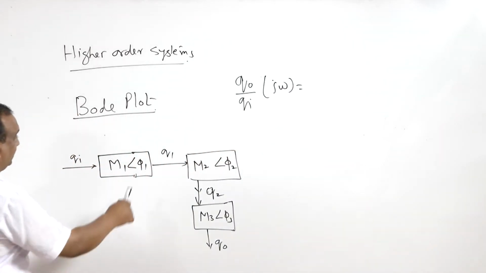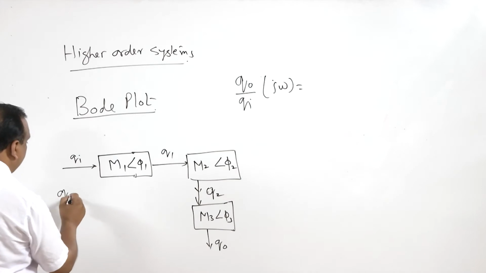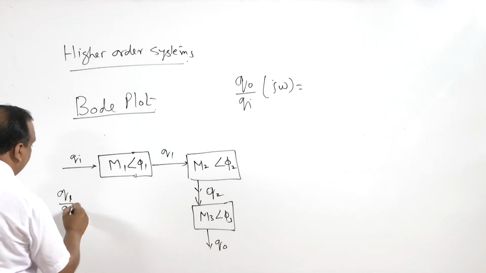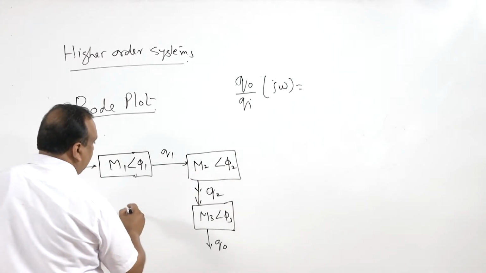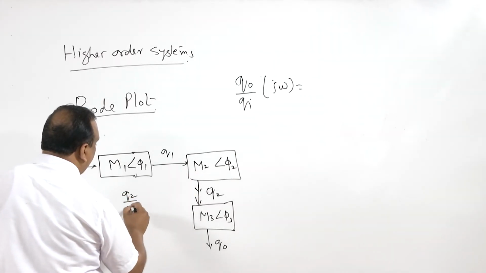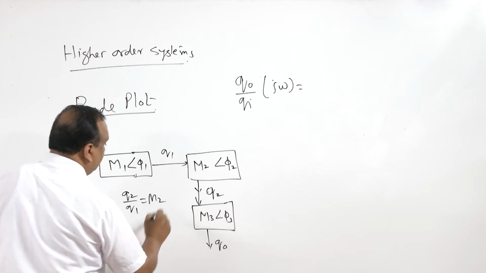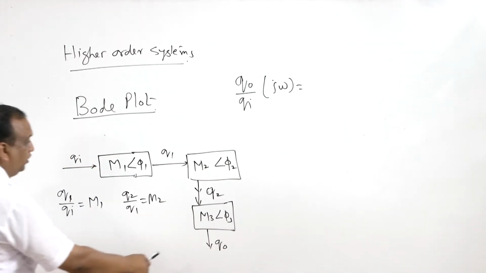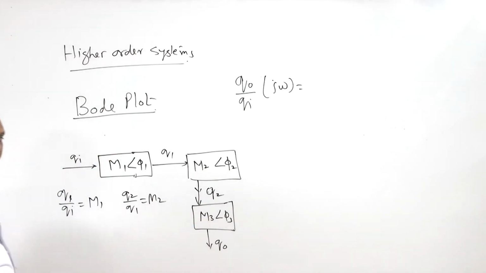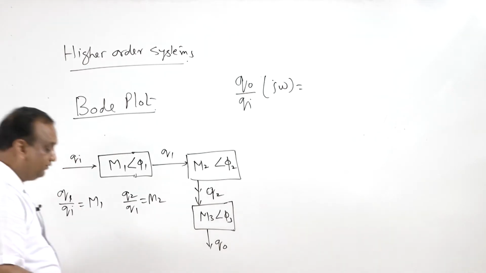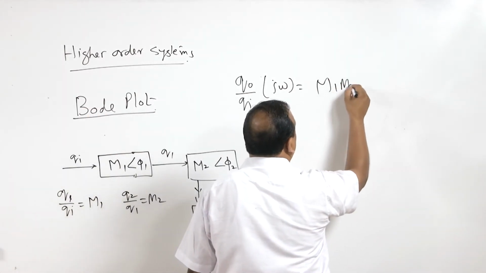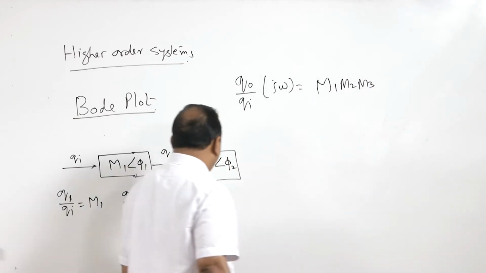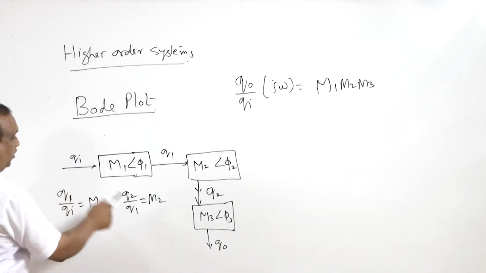So if you look at the amplitude, Q1 by Qi is equal to M1, and Q2 upon Q1 is equal to M2, and Qo by Q2 again M3. So if you take the product of these three, M1, M2, M3, we will be getting Qo upon Qi.